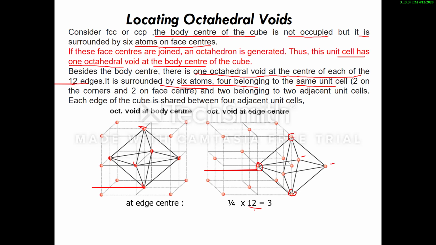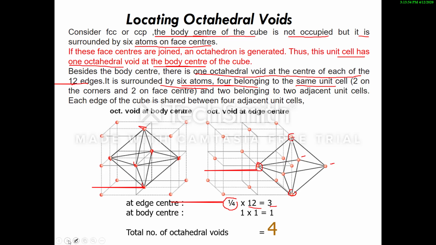That's why out of the 12 edges, only 1/4 part belongs to the one cube. That's why the number of octahedral voids situated at the edge centers is 3, and 1 octahedral void at the body center. That's why total octahedral voids are 4.